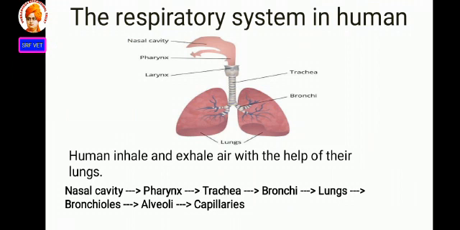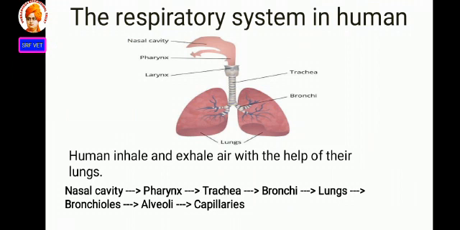From the nostril cavity, air passes into an organ called the pharynx, which has two openings: the esophagus, that means food pipe, and the windpipe called the trachea.